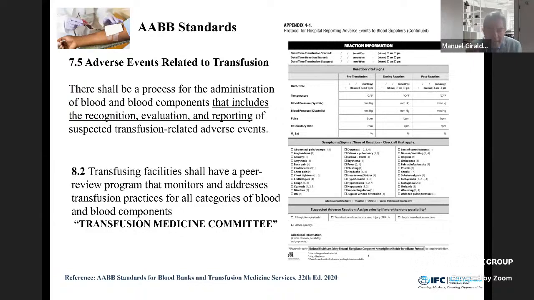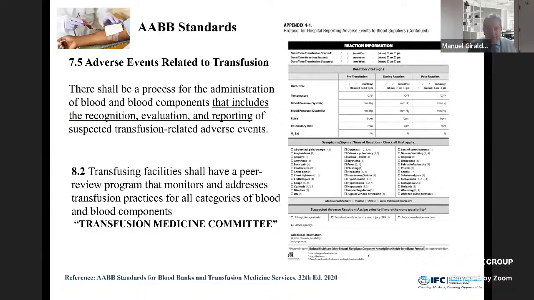So we must report, and this is something that we must stress in our organizations: any incident, whether it's mild, severe, or a sentinel event, should be reported so we can track it, learn, and monitor whether we are improving over time. So we must have those policies available.